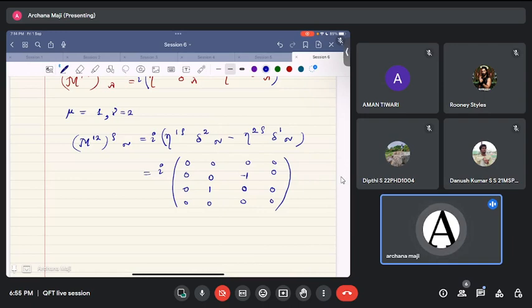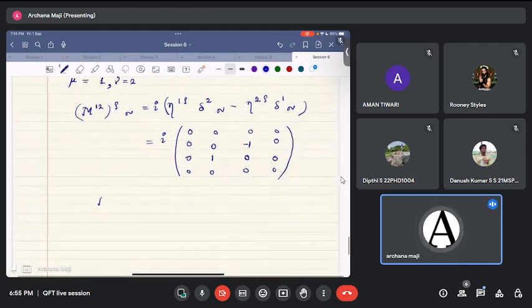So now you can see this matrix is basically Hermitian, right? This matrix is Hermitian. If you do dagger, you will get minus I here, and this will get flipped. So this is basically Hermitian. So let me just write that down.